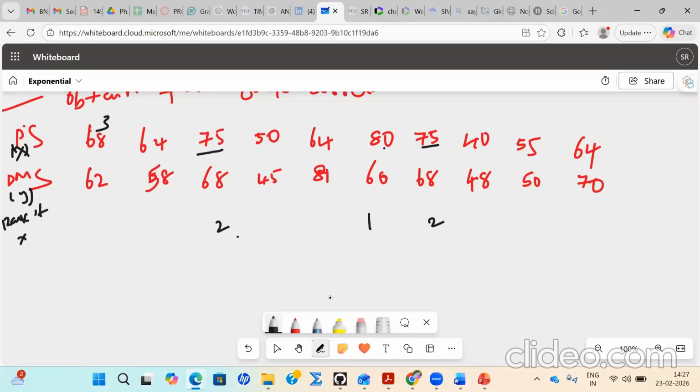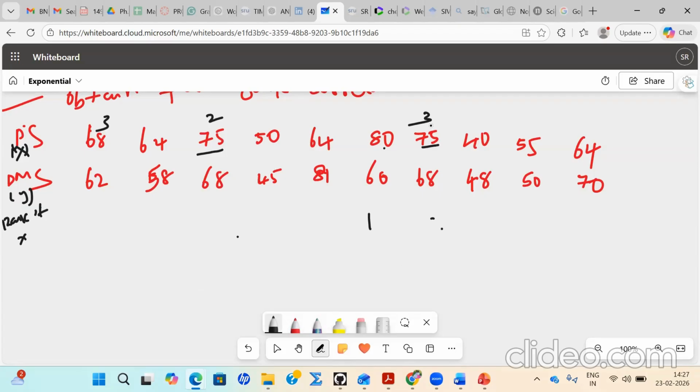After allotting rank 1, if the items are repeated, we take the next ranks we are going to give and average them. So let us say this is 2 and this is 3, because two candidates have come.